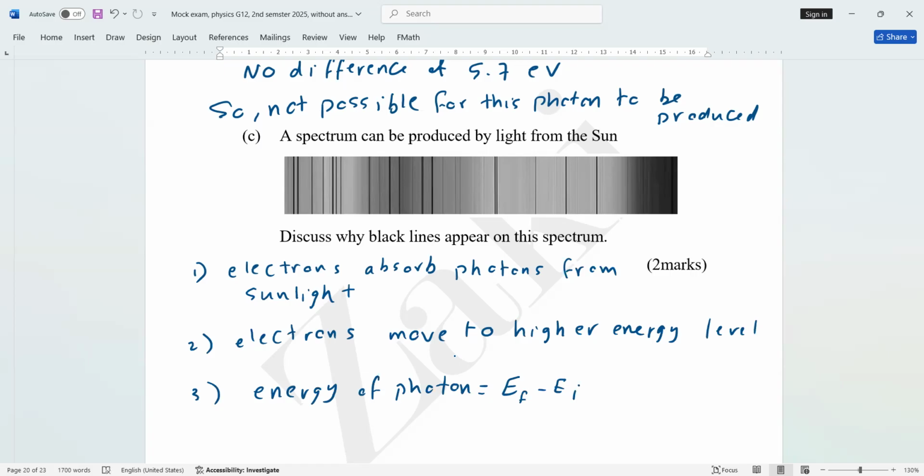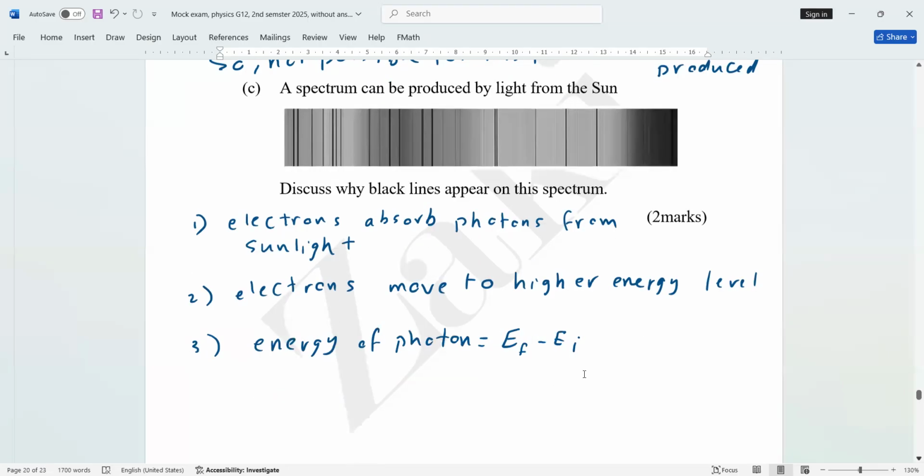There are only a limited number of energy differences and only a corresponding number of black lines. So these black lines correspond to these discrete energies.